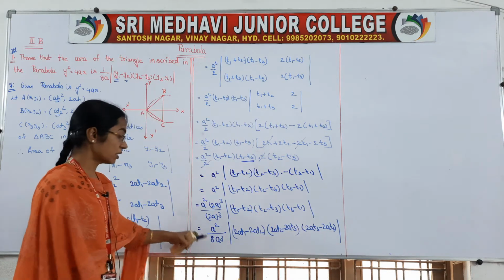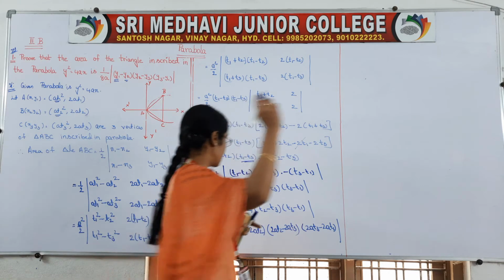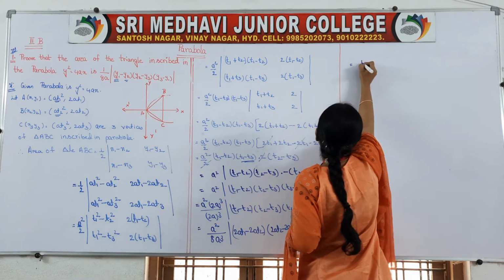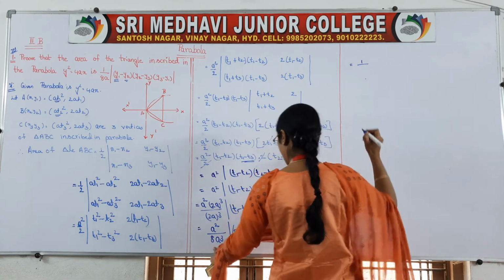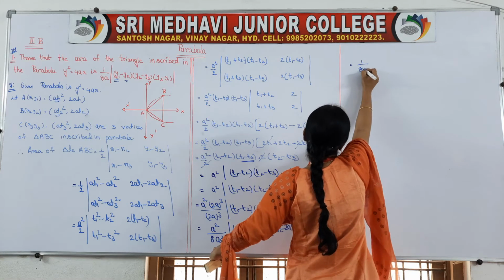Okay, so a square cancels, and it is equal to 1 by 8a.